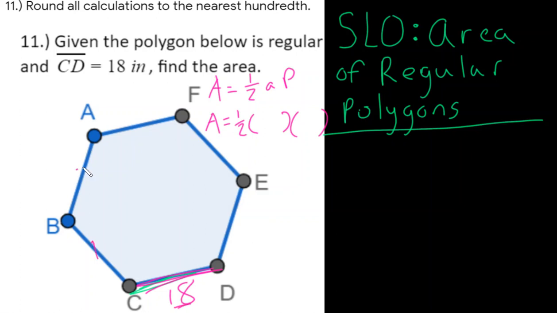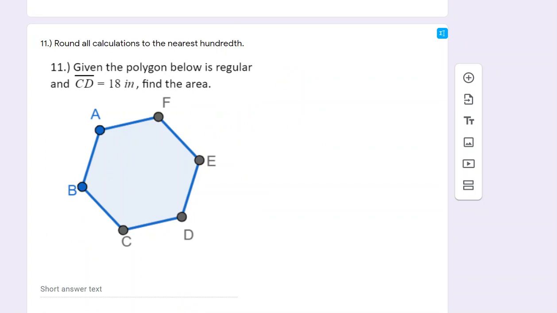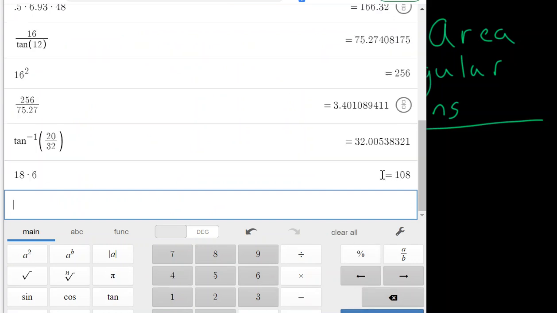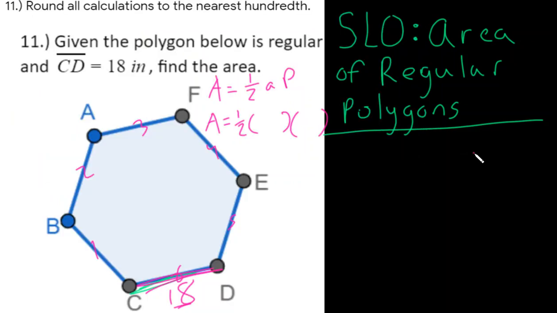Let's see, there's 1, 2, 3, 4, 5, 6 sides. So what is 18 times 6? And that's going to give us 108. So our perimeter, we already know that. Now, how in the world do we find that apothem?